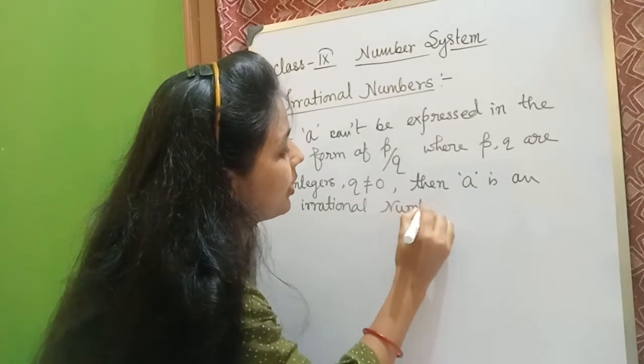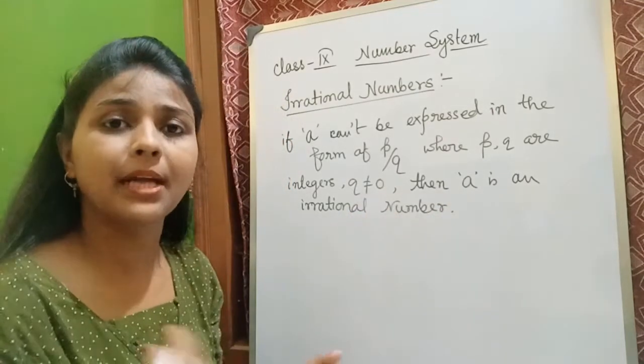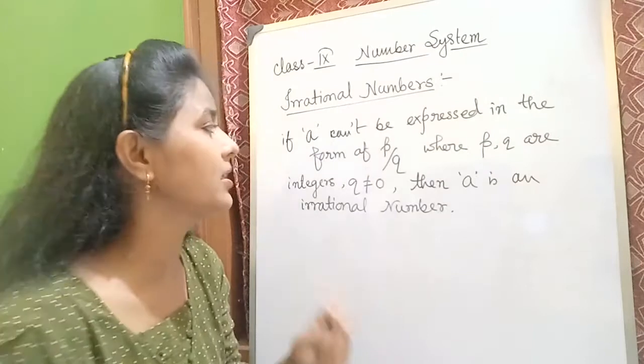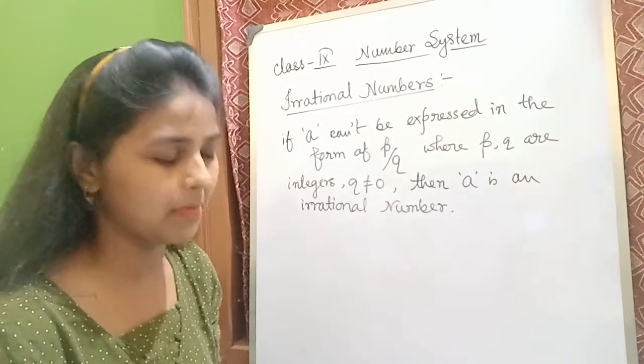So the main point is that if a number is not rational, then it will be an irrational number.